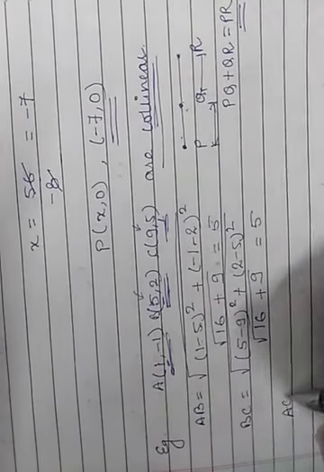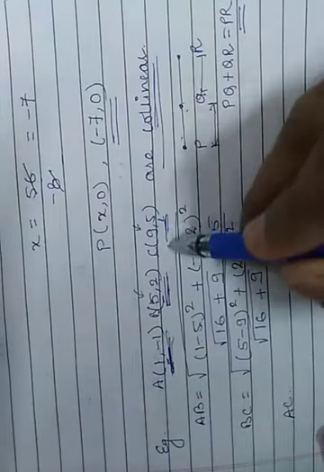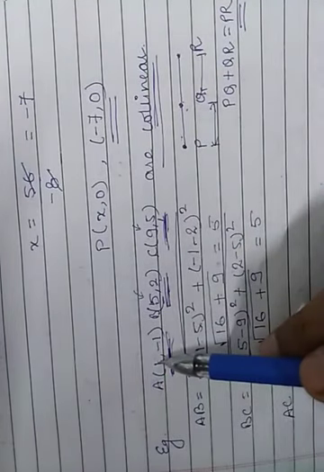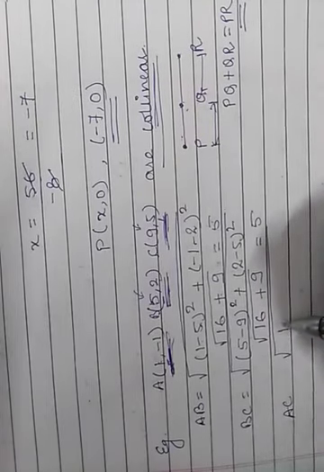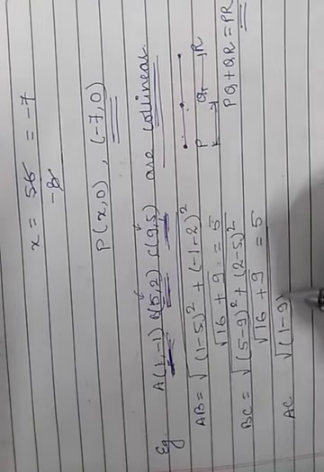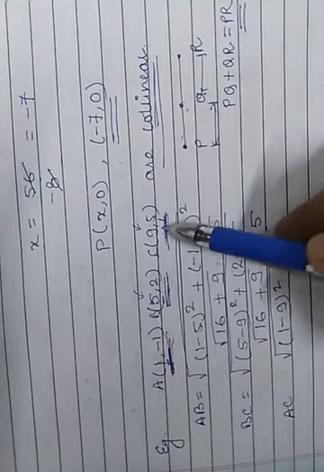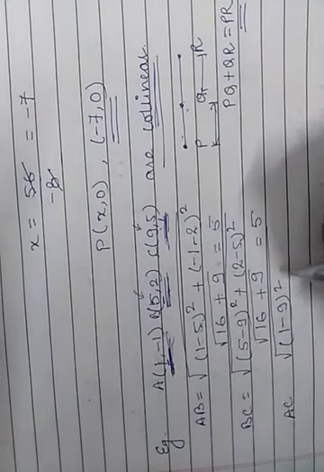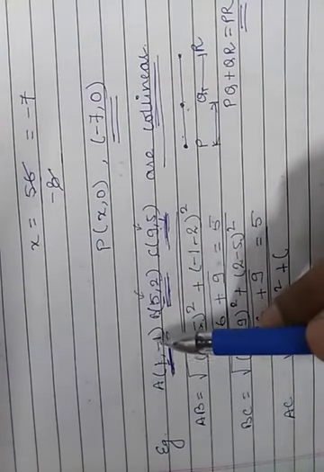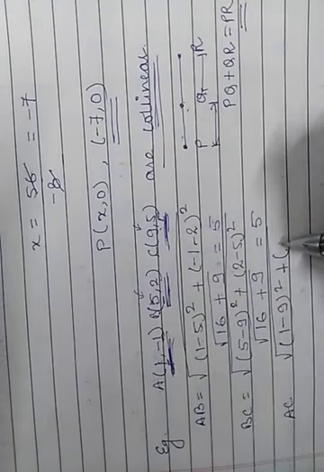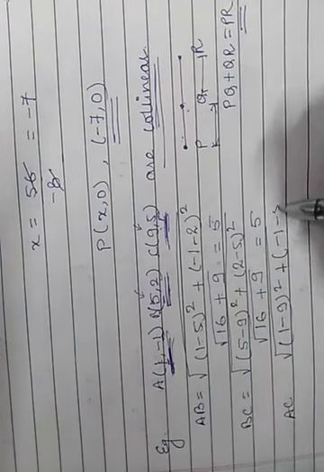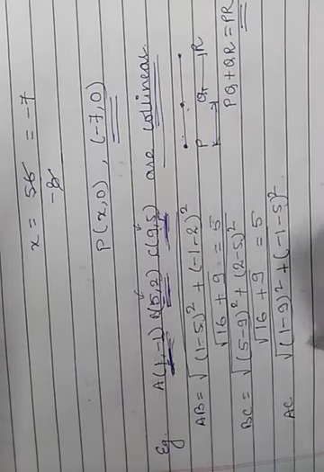Now we will calculate AC. So this is your A and this is C. Difference of x coordinates, so 1 minus 9. Here the x coordinate is 1, here the x coordinate is 9. So 1 minus 9 squared, plus the difference of y coordinates. So minus 1 minus 5, squared.